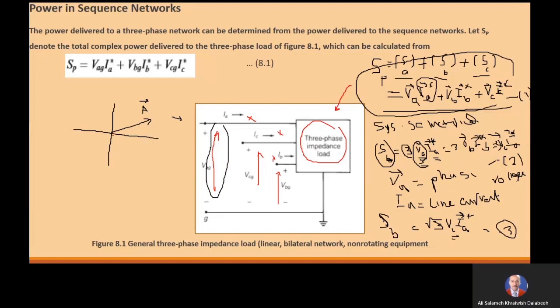This is the conjugate of the vector. The conjugate of any vector is its picture. Suppose we have a mirror; the picture of the vector A is the conjugate vector.